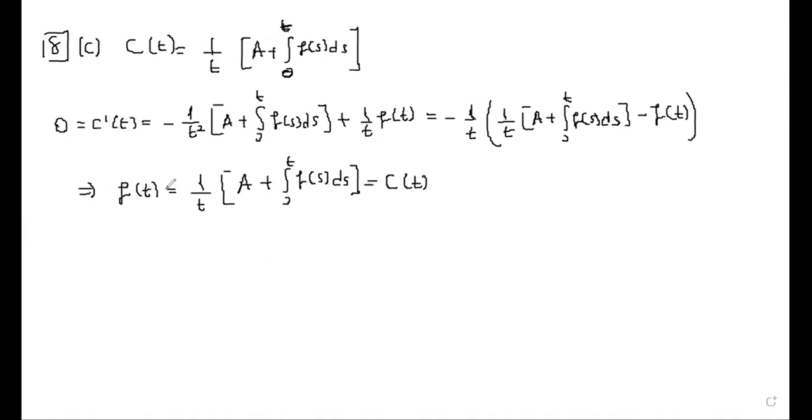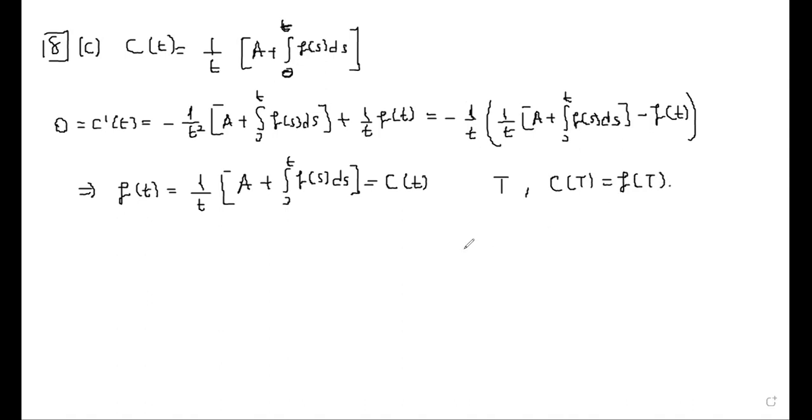Then if we call that value instead of t, since it happens at some root, this equality is valid for some value of t. If we call it capital T, the root of this equality, that T should satisfy this equality.